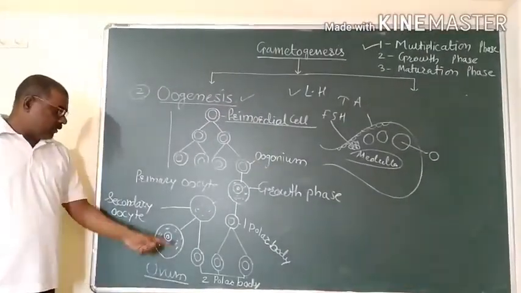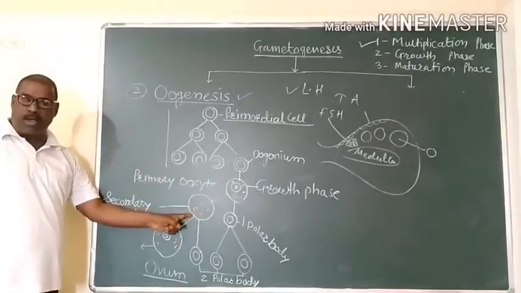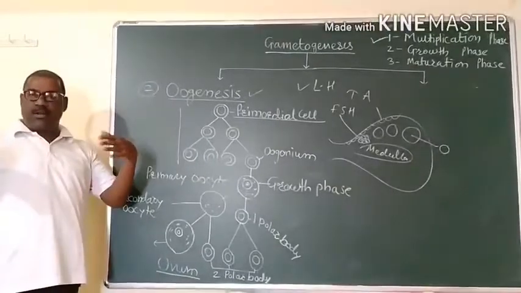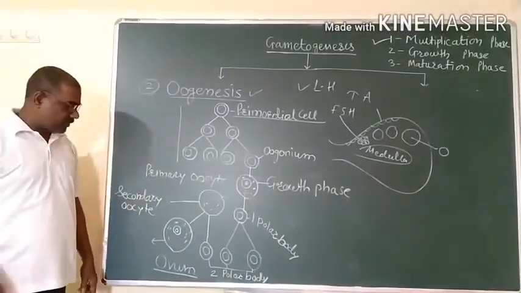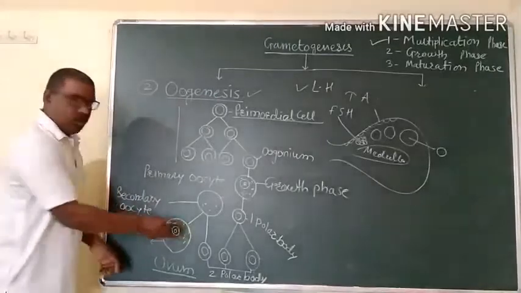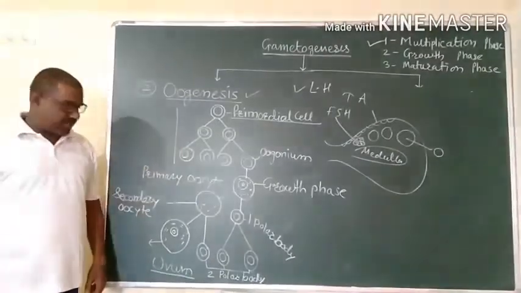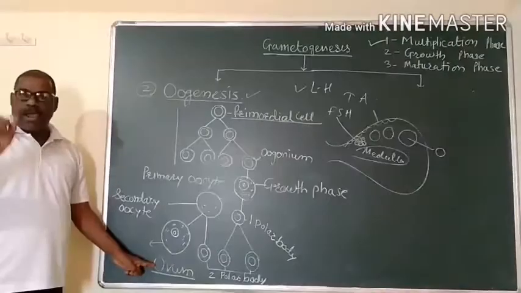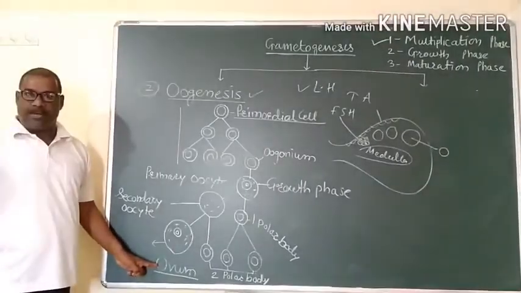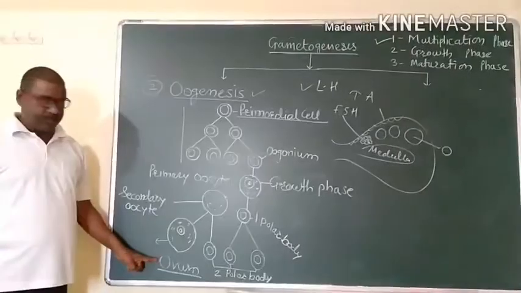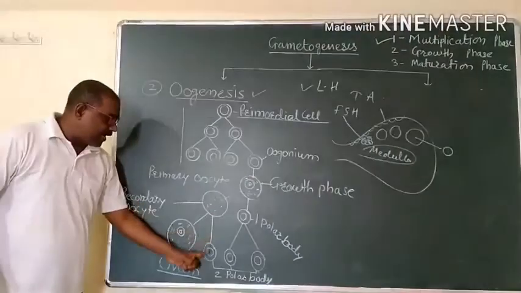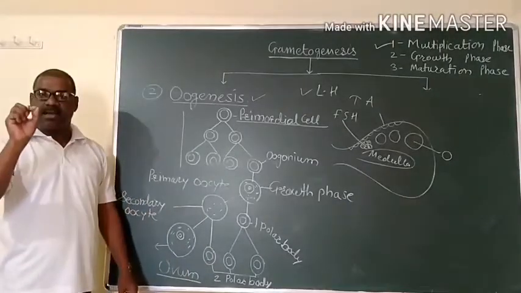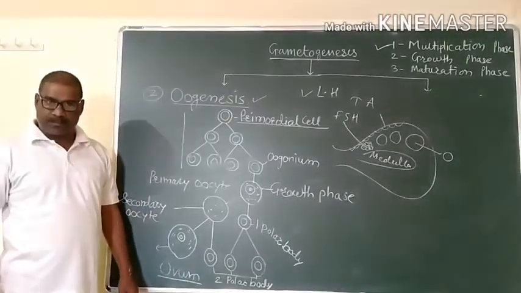Then this secondary oocyte again divides with the help of the meiosis process into two unequal daughter cells. One is a larger cell which is called the haploid female gamete, the ovum, and the second small cell body is called the second polar body.